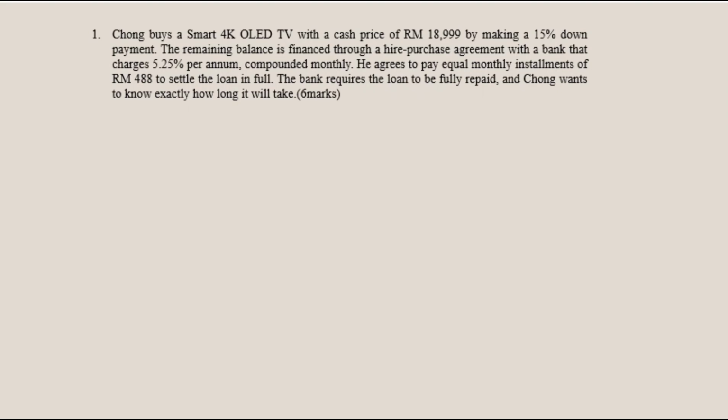Okay, for question 5, Chong buys a smart 4K OLED TV at 18,999 and makes a 15% down payment.